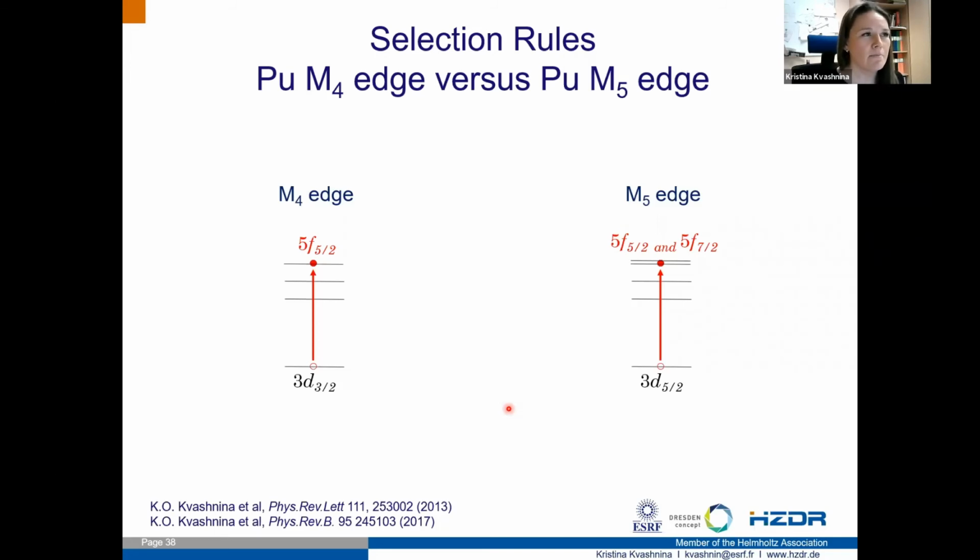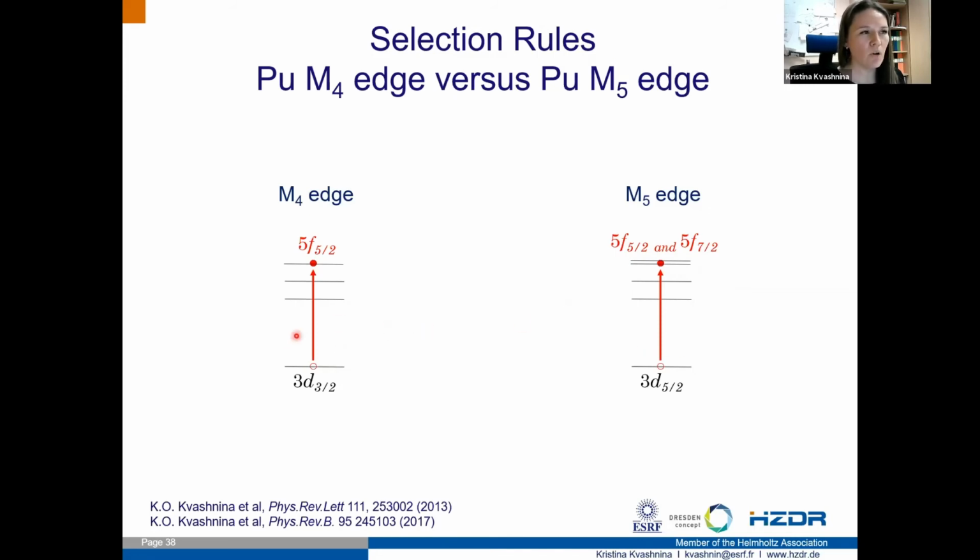It was in fact already done for the uranium system, but I show here the plutonium case. When you go from the 3d 3/2, you only reach one state, which is 5f 5/2 at the M4 edge. But in the case of the M5, you already reach 2 states. And that, of course, complicates everything.